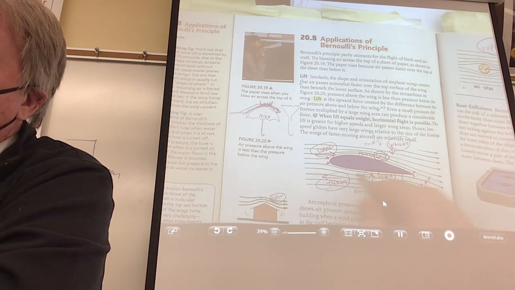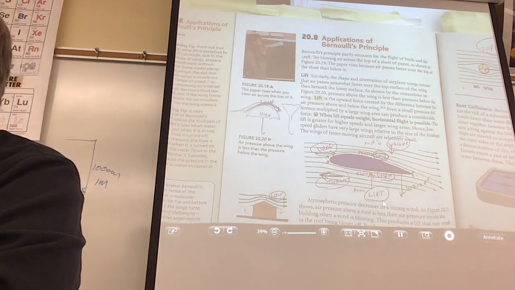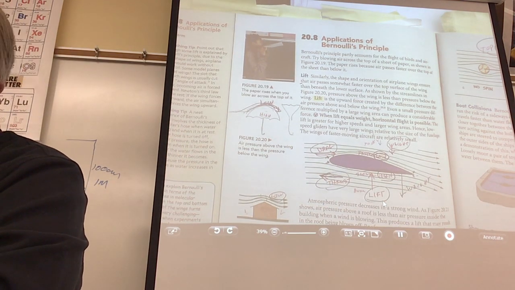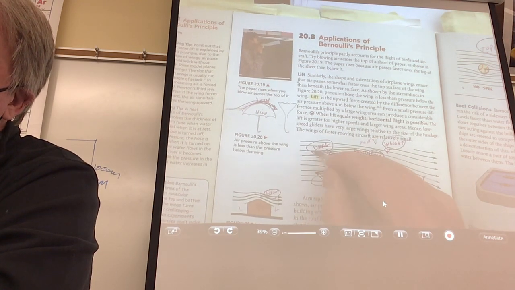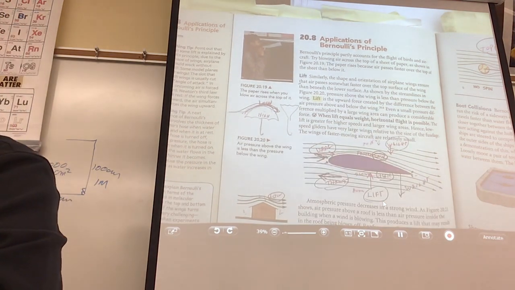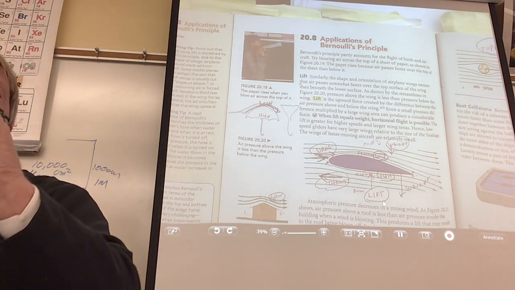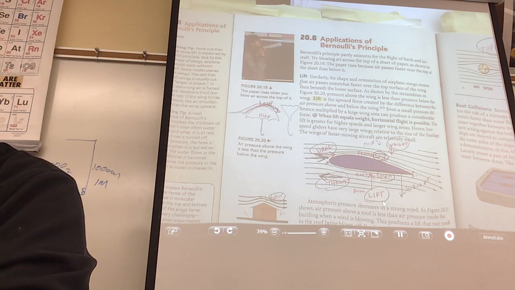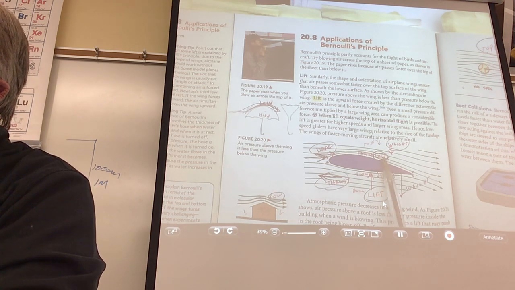The motor tends to produce what they call thrust, which makes the plane go that way. But when you run into all this air, it tends to produce what? What's that called? It's called drag, okay? Drag is friction, isn't it? Anyway, those 4 forces are kind of how an airplane works, all right?